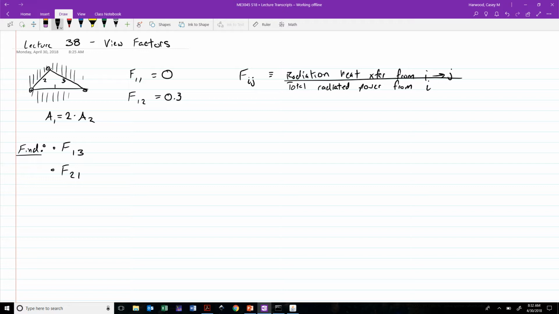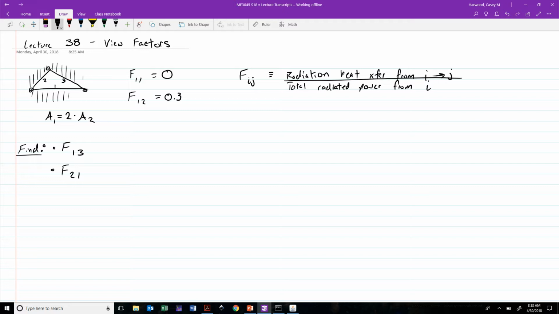In words, the reciprocity rule says that if you know the surface areas of these 2 surfaces and you know the view factor of one of them, you can find the view factor of the other one. The summation rule says that if you sum the view factors from one surface to all of the others in an enclosure, they must equal 1.